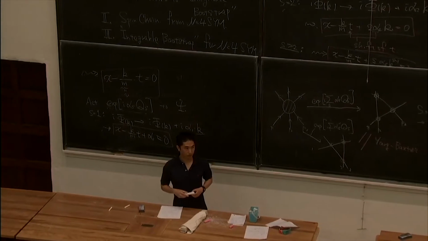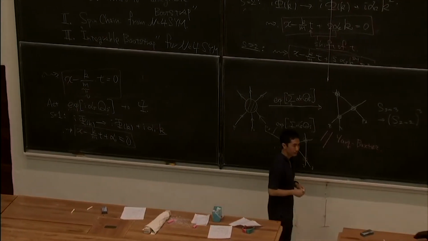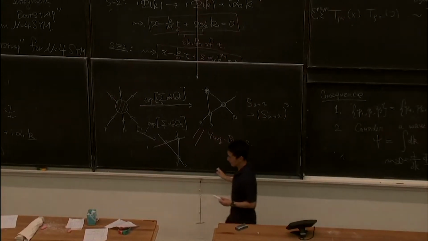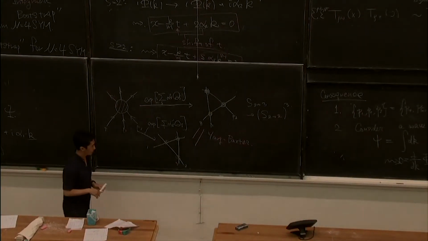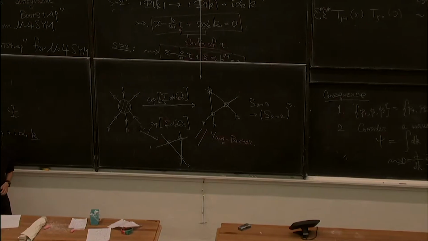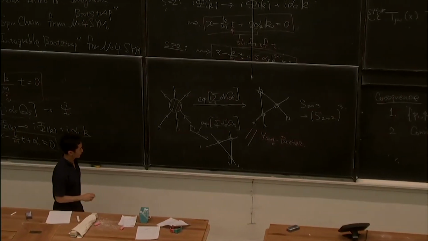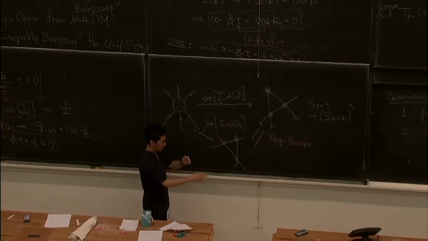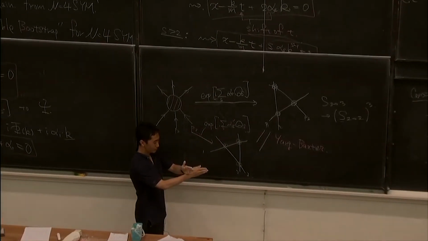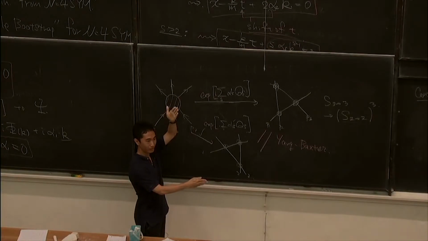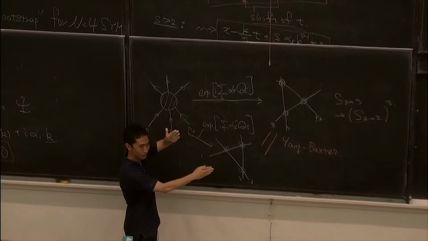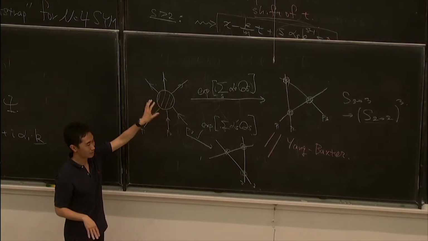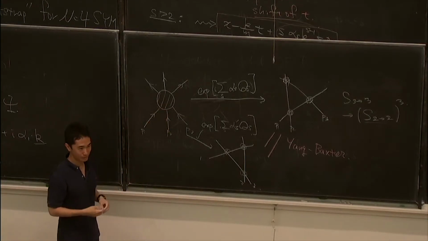Yes? How important was being in 2 dimensions? Okay, that's a very good question. You can play the same game also in higher dimensions, but there is a crucial difference between 2D and higher D. In higher D, if you take a generic combination of these conserved charges, then you can move the trajectory off the plane, which means that two trajectories are non-intersecting, which means that if there are infinitely many charges, the theory must be free.